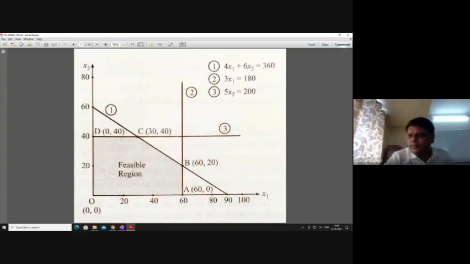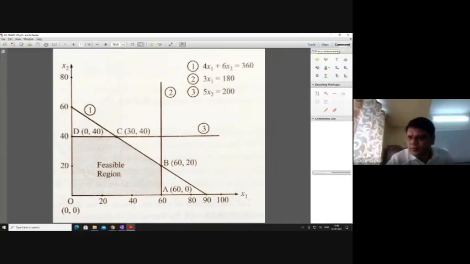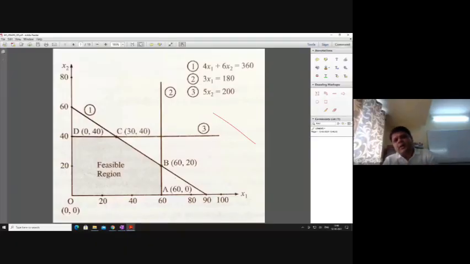Let me draw here. In this direction. This is a minus slope. Correct.